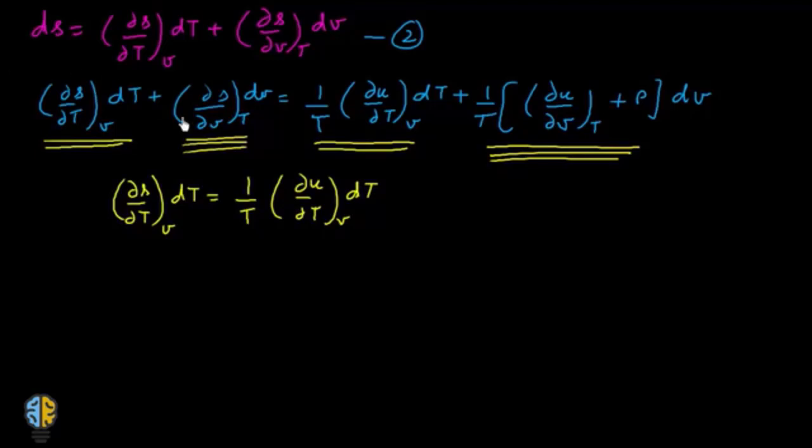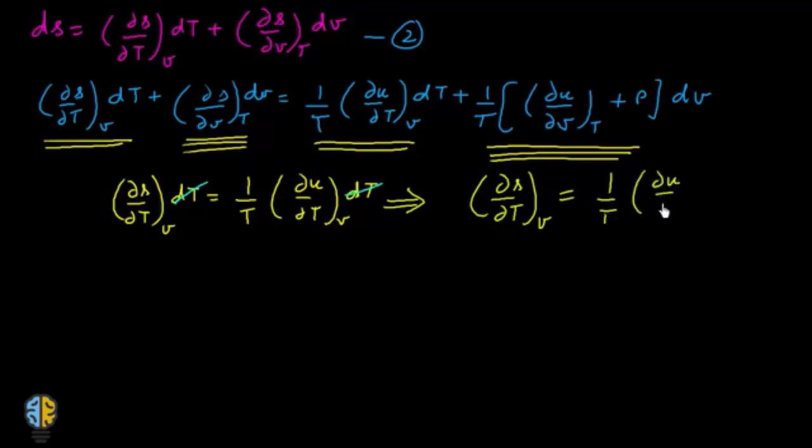From this I can strike off dT and dT. So this gives (∂S/∂T) at constant volume equal to 1/T times (∂U/∂T) at constant volume. This is a comparative equation that we get after comparing equation 1 and equation 2.